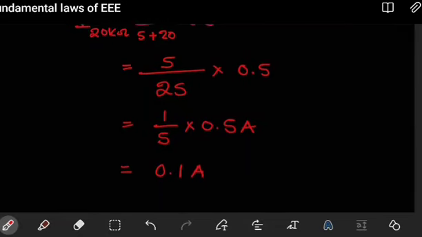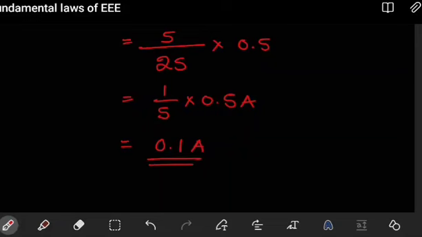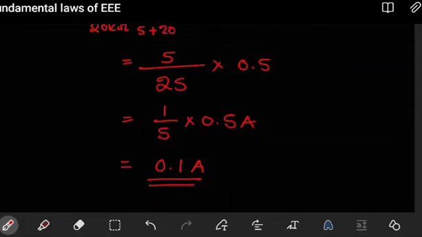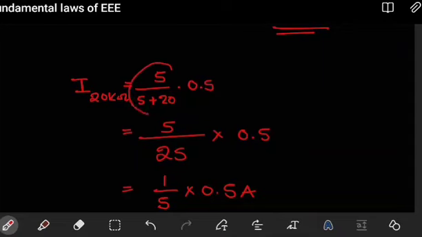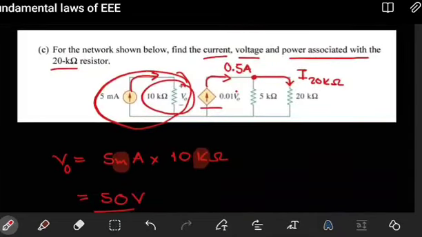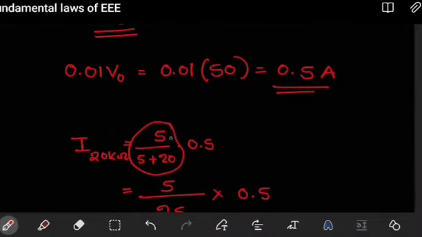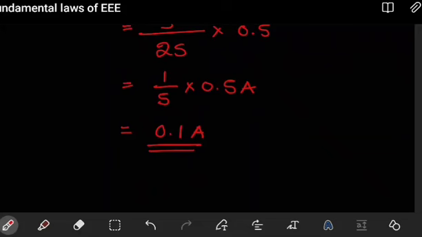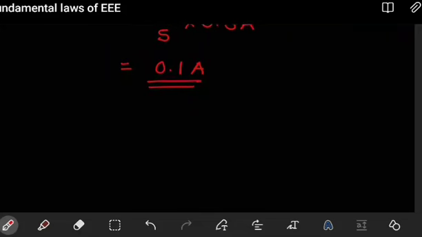So the current that ends up going towards the 20 kilo ohm resistor will be 0.1 amps. Notice that I didn't convert the 5 kilo and the 20 kilo ohm resistors to ohms, because you have a kilo ohm on top and a kilo ohm on the bottom, so they just cancel out. So this is how much current goes towards the 20 kilo, and we have solved the first part.